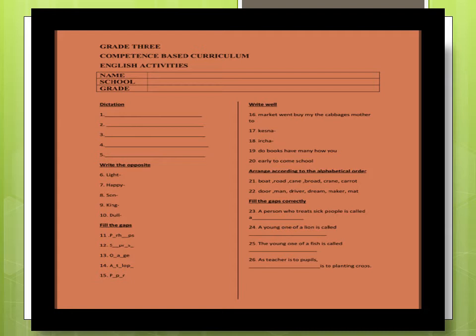We have door, man, driver, dream, maker, mat.